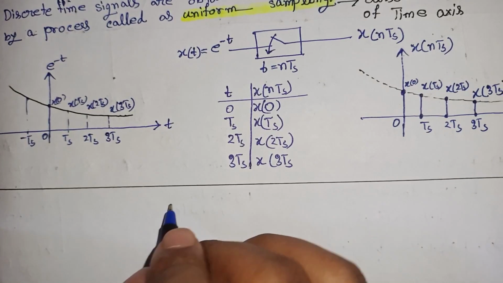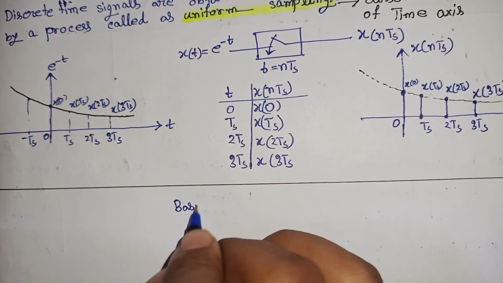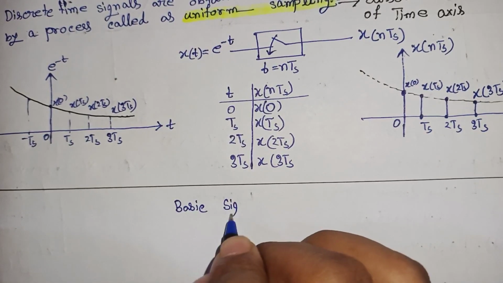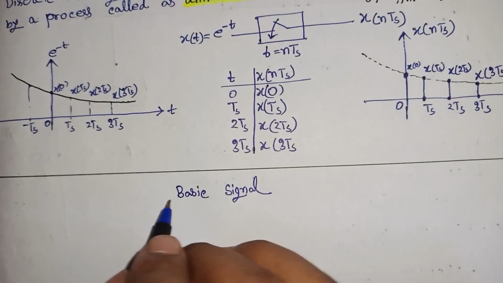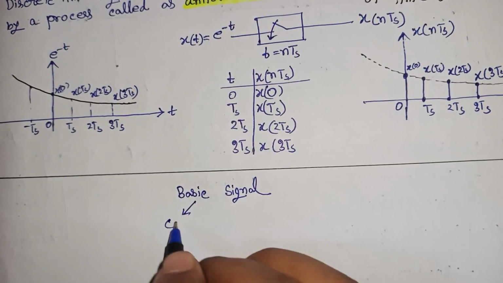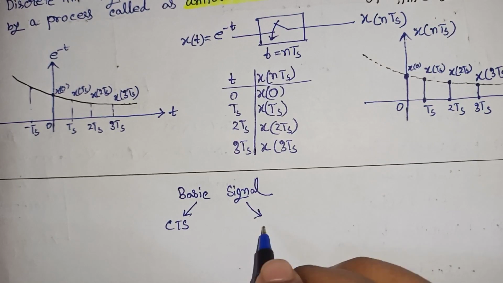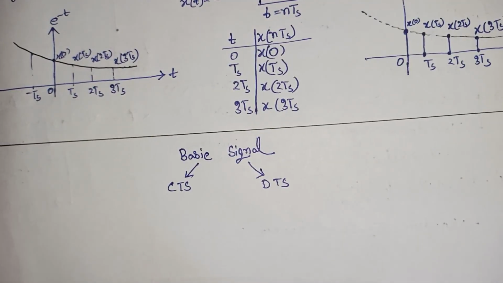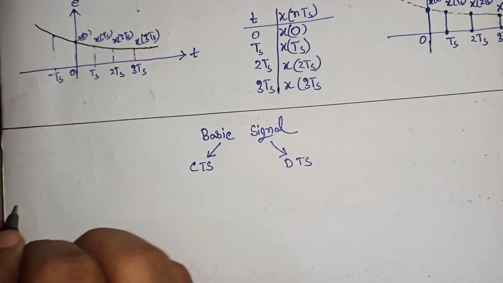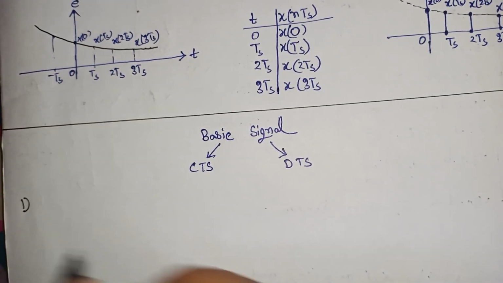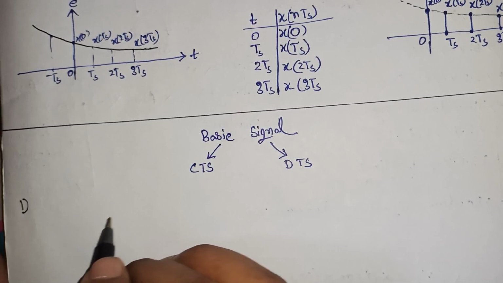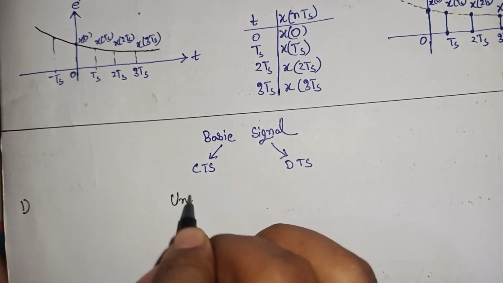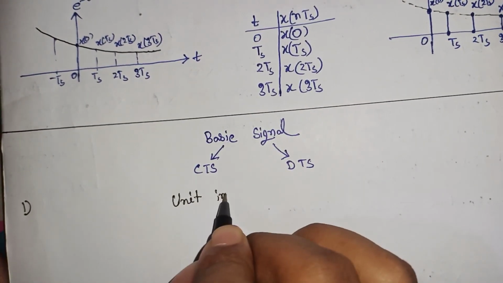Now if we see the basic signals, they can be represented by continuous time signal or discrete time signal. Let's move to our first example, which is unit impulse signal. It is important.